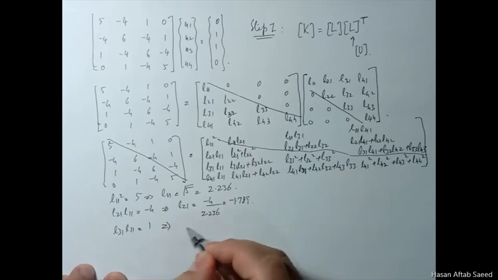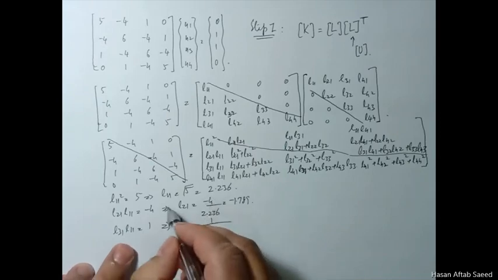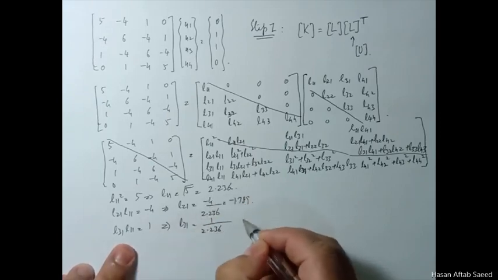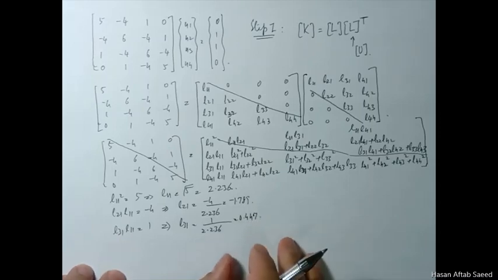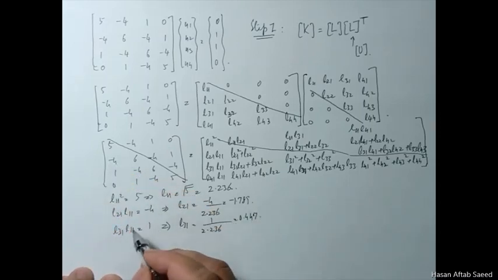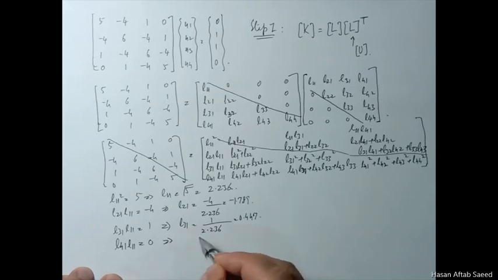Again, this implies that L31 is equal to 1 over L11, 2.236, which is 0.447. Finally, for this L41 L11 is equal to 0, which implies that L41 is equal to 0 over 2.236, which is 0.